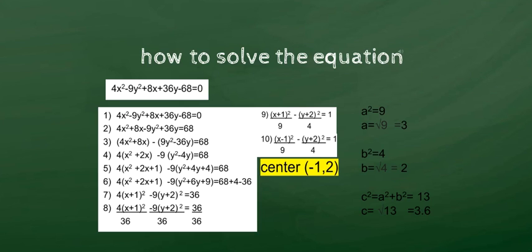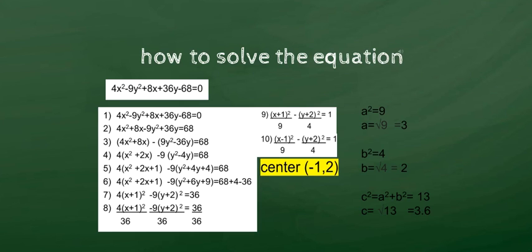In my case, -1 for the x-axis and +2 for the y-axis. Now, we need to find the corresponding values of a and b. To do that, we are going to take the square root of them to be able to continue with our process.